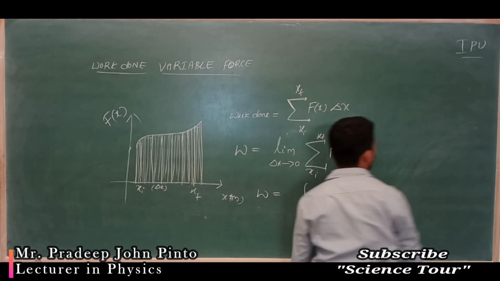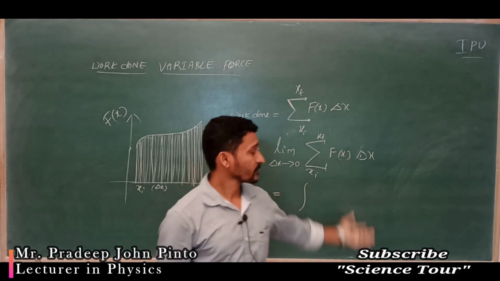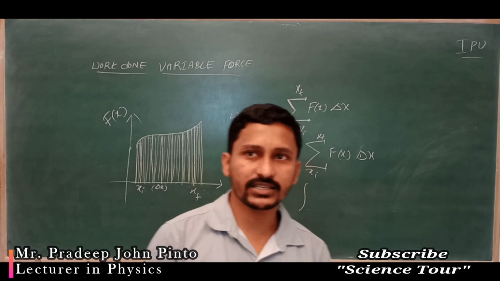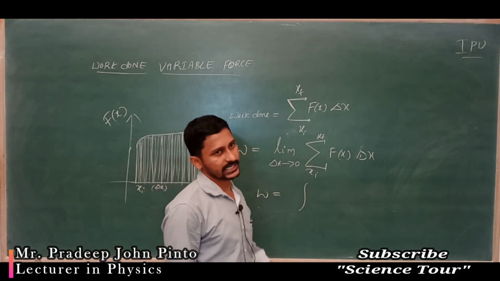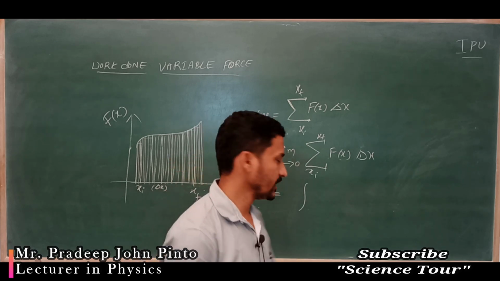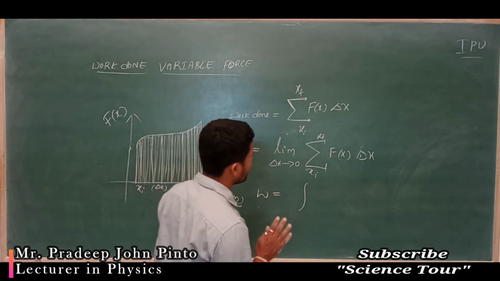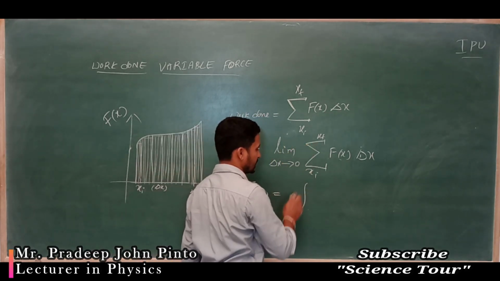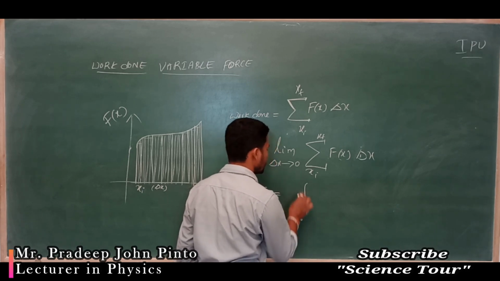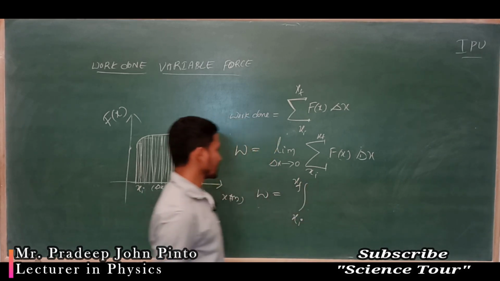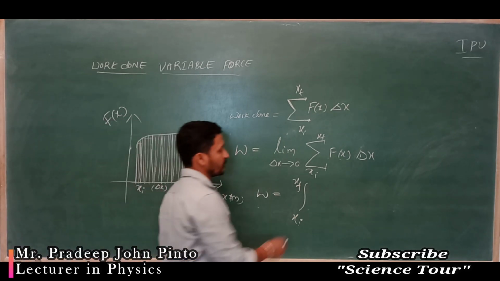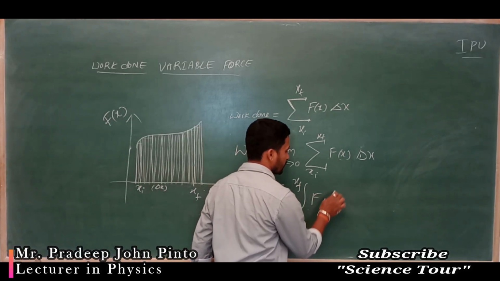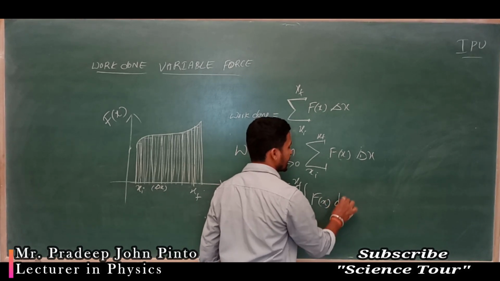Actually it is not just a symbol; the continuation version of it is integration, which you are going to study in mathematics. But for the time being, consider that I can write this as integration from x equal to xi to x equal to xf, which means add, and then I get f of x dx.